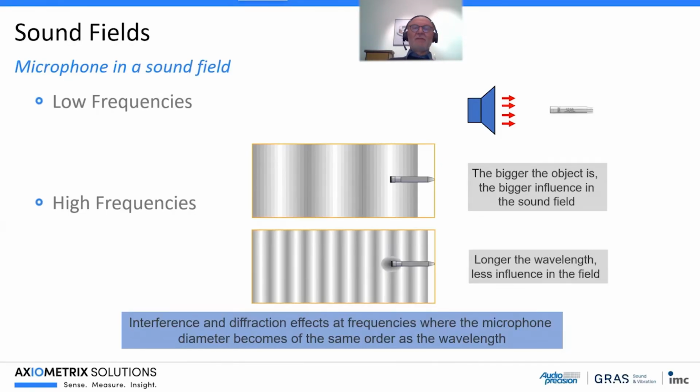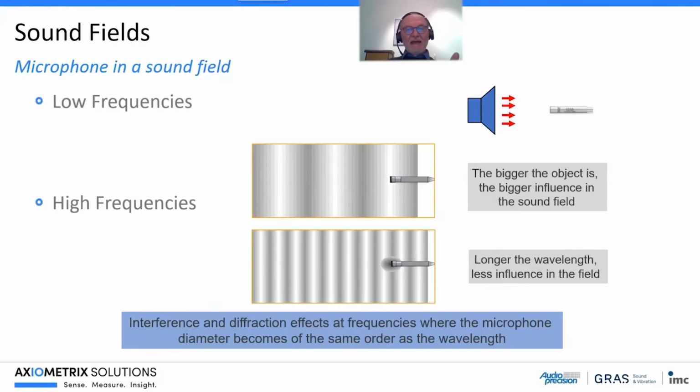If we compare it to a half-inch microphone, which has a diameter of 1.3 centimeters, then 1.3 centimeters compared to a wavelength of 3.4 meters is actually nothing. So it will have no influence in the field.